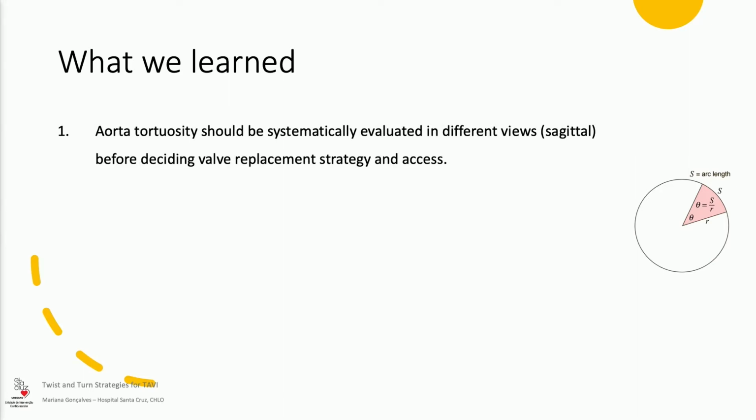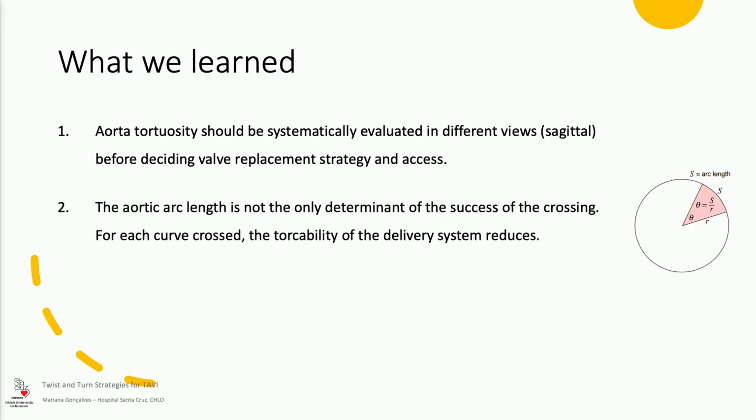What did we learn with this case? First, that the aorta tortuosity should systematically be evaluated in different views, mainly the sagittal plane, before deciding either the valve replacement strategy and the axis. That the aortic arc length is not the only determinant of the success of the crossing.